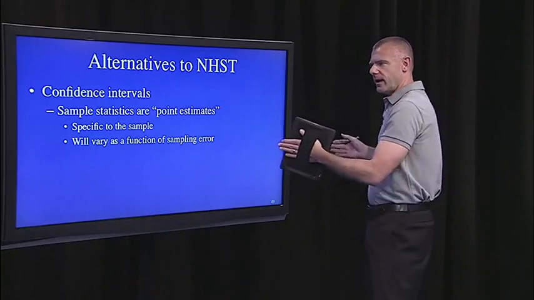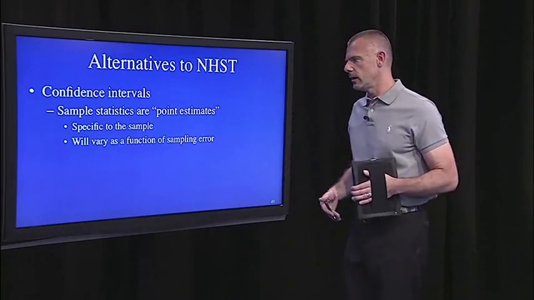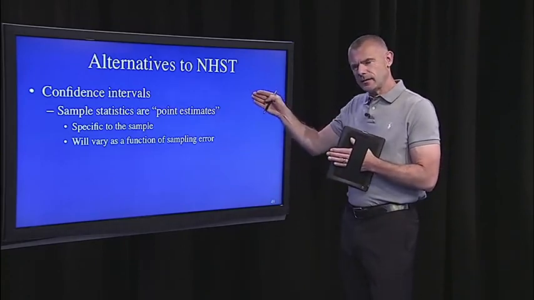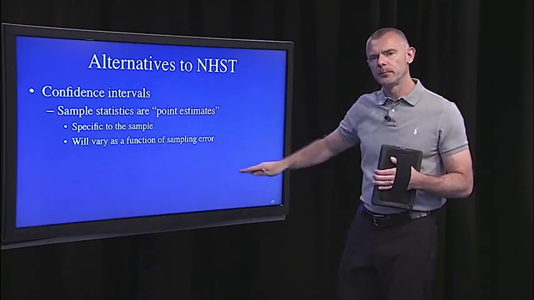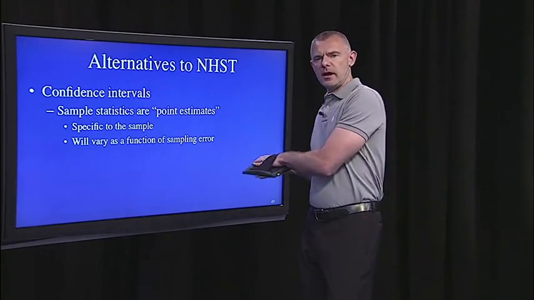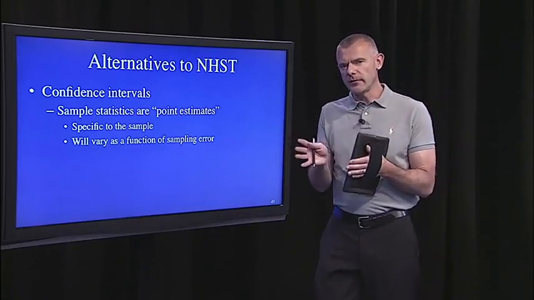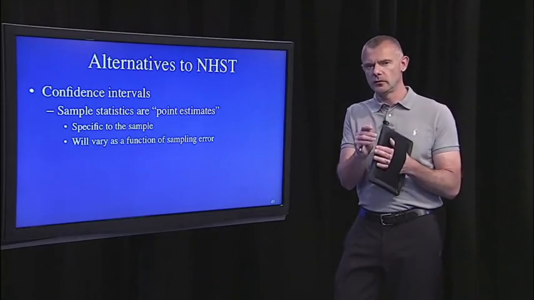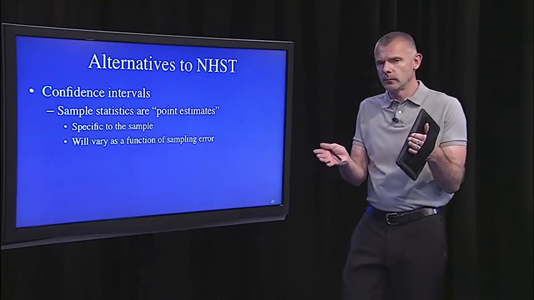The way to get to that confidence interval, and we'll see this as we do the analyses in R, is you just take your point estimate and then you add some value based on sampling error and standard error. So again, if in our example relating on base percentage to runs, in that sample the correlation was 0.7, but that's just a point estimate for that sample. The true interval might be like 0.6 to 0.8.